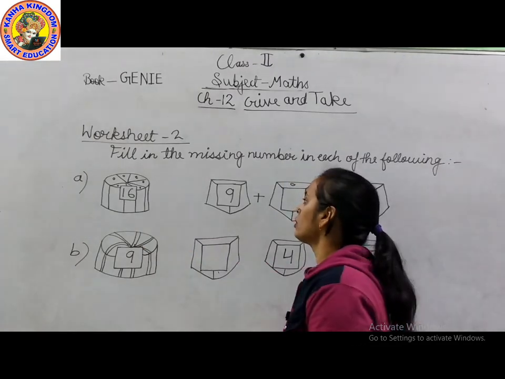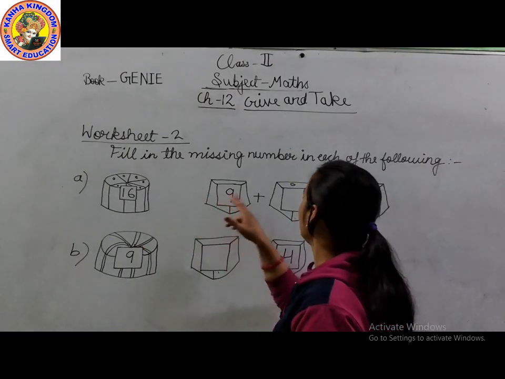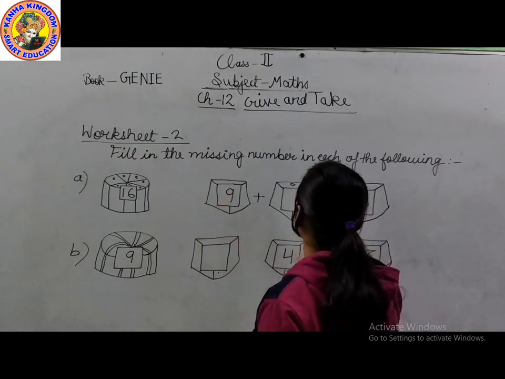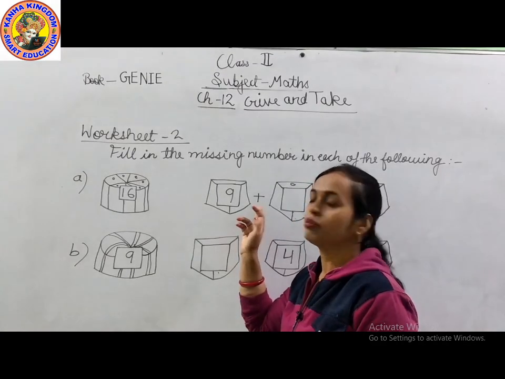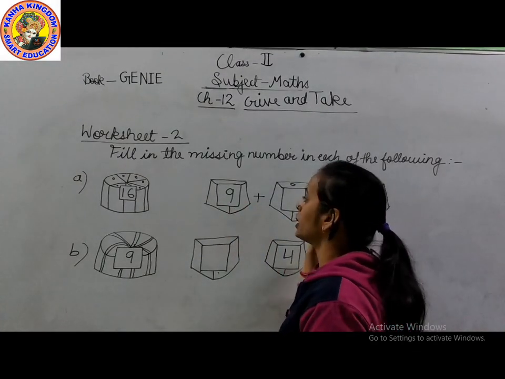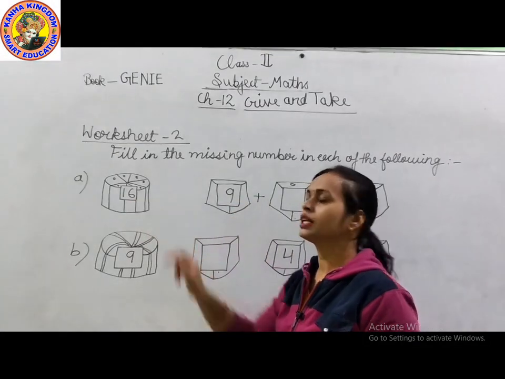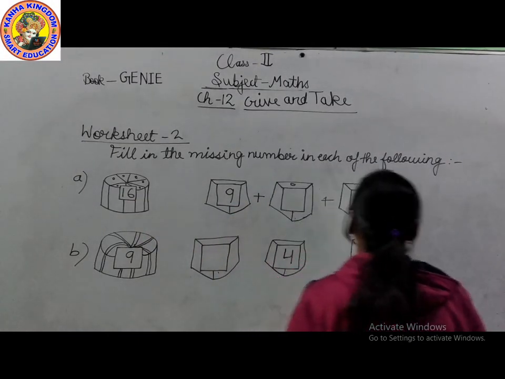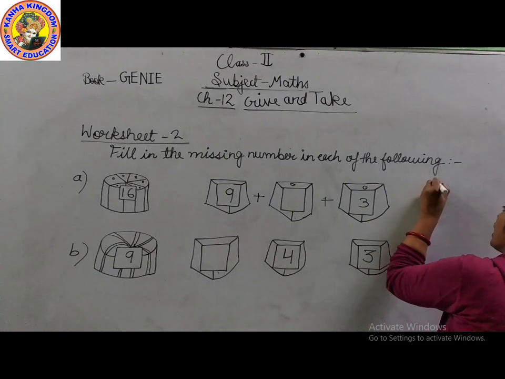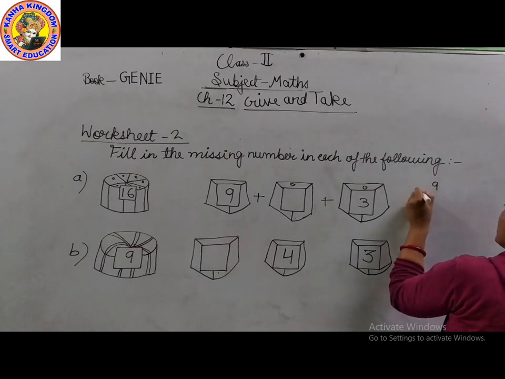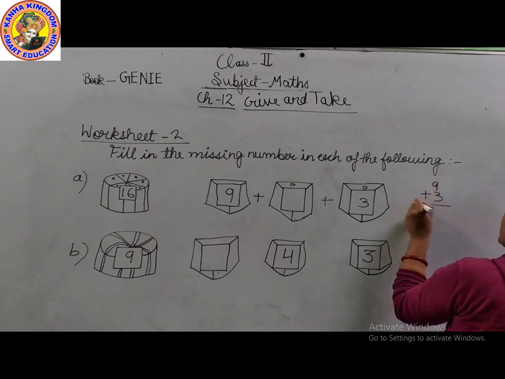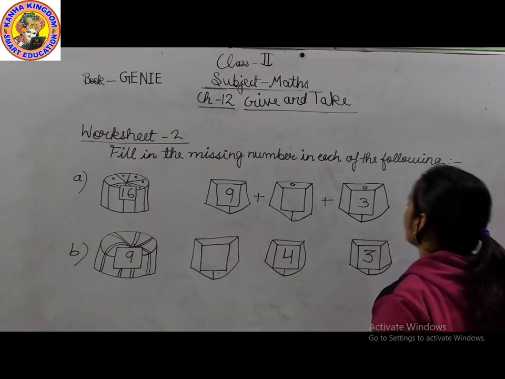16, 9, blank, 3. So what we have to add between 9 and 3 to get 16? First we add 9 and 3. 9 plus 3, 12.